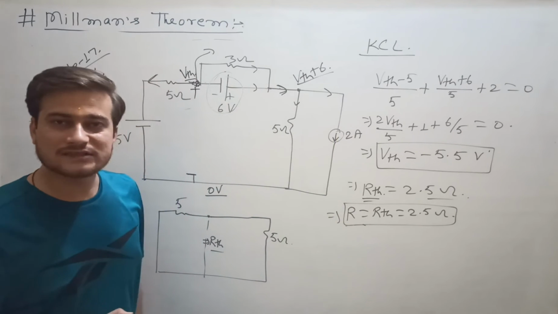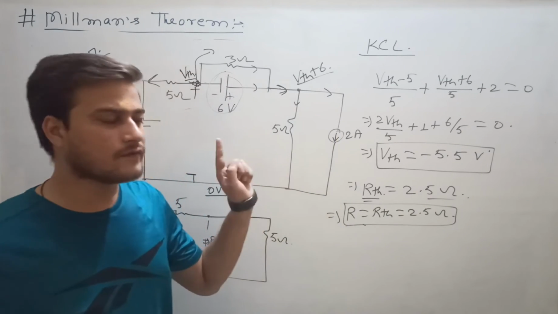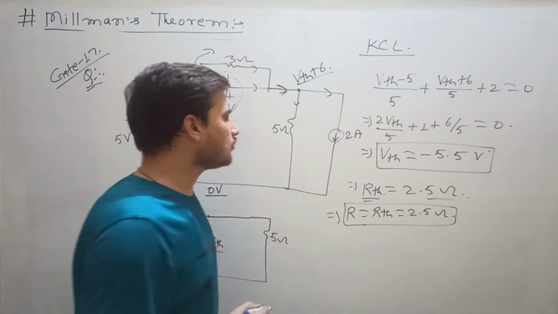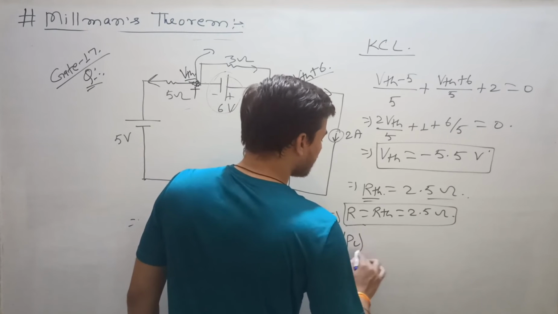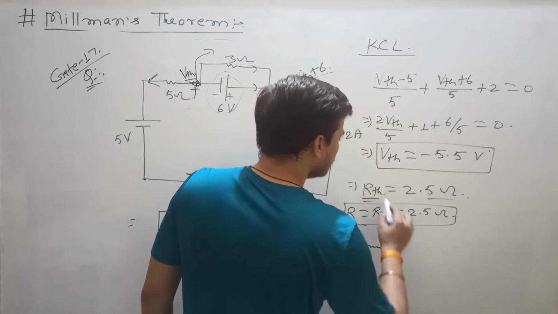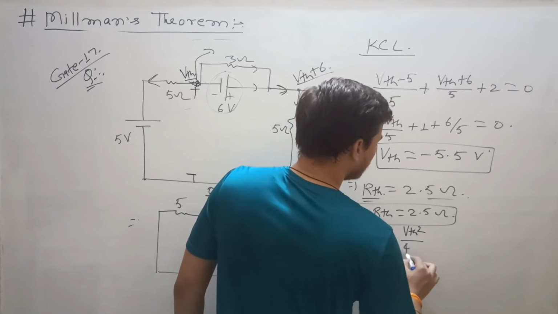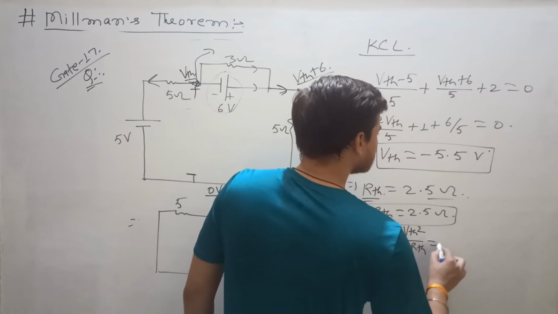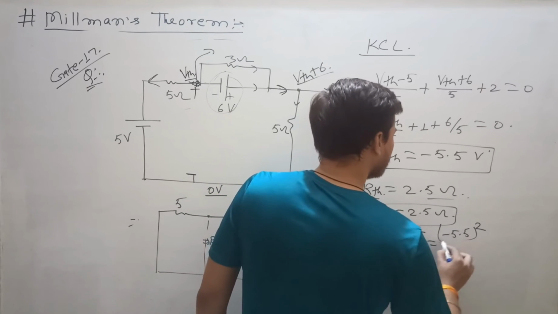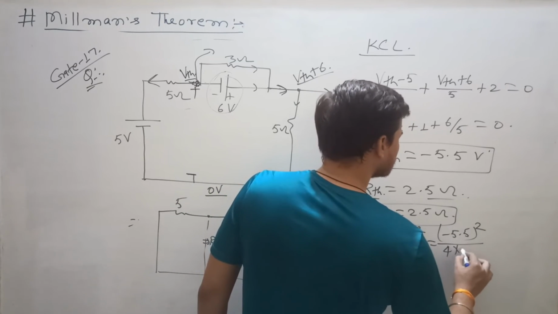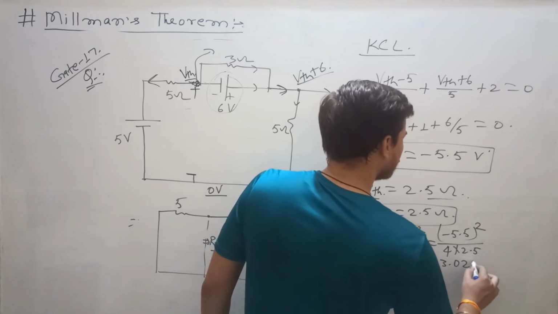If R is equal to 2.5 ohm, then PL max will be equal to VTH square divided by 4 RTH. So it is minus 5.5 whole square divided by 4 into 2.5. So it is coming 3.025 watt.